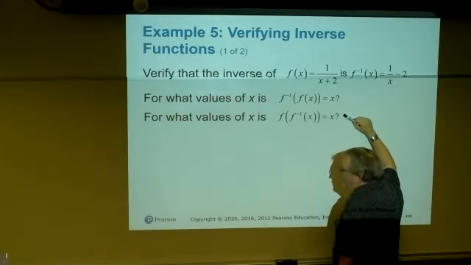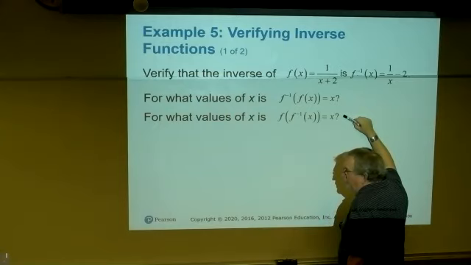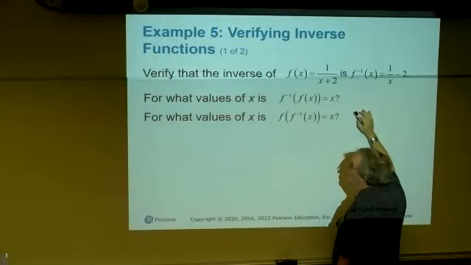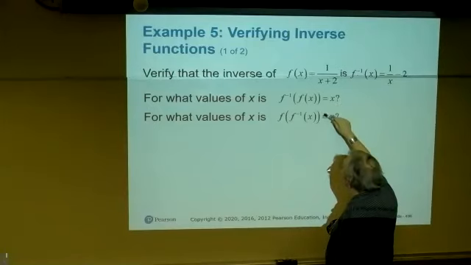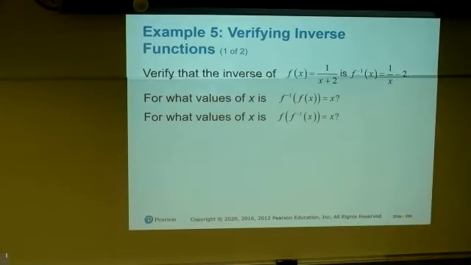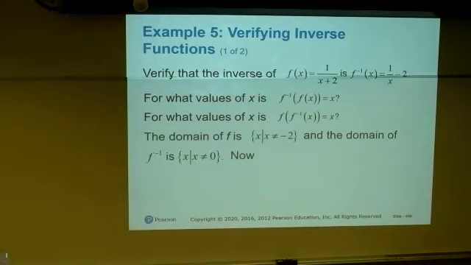And so the restriction is that x is not 0. But we need to verify that these two statements are true. So they looked at those two domains, and those two domains tell us what values of x you can use.